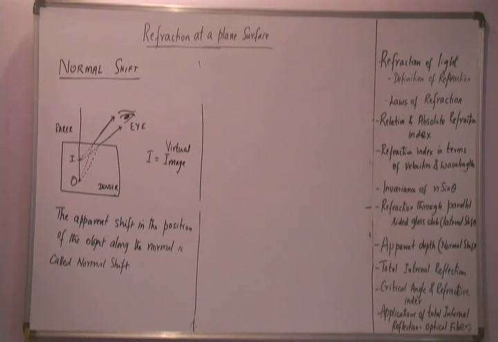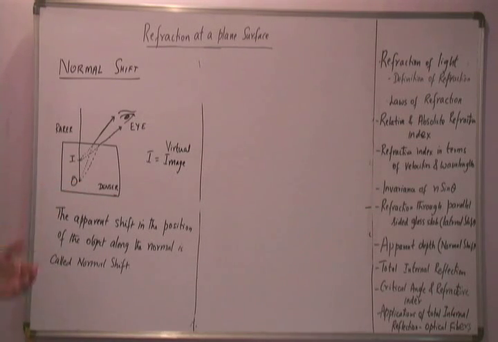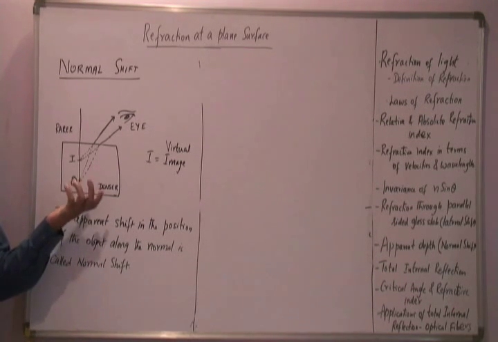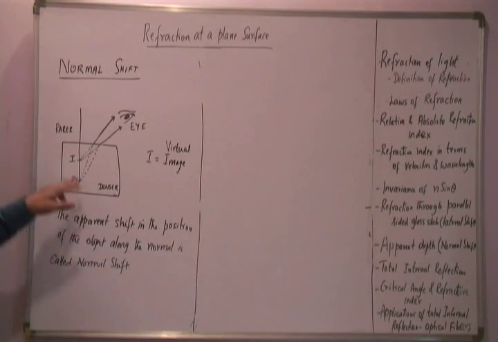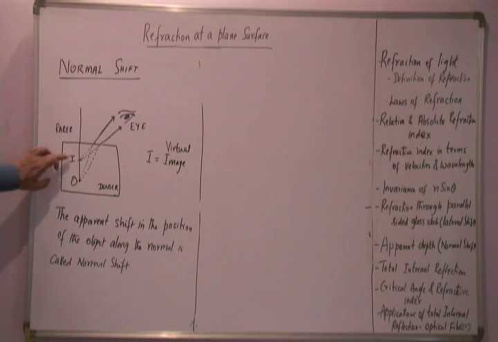So this is the reason that we find that objects, although they are much deeper in the liquid here or water for example, appear as if they are at a higher elevated point. It is because of this property: because there is an apparent shift in the position of the object along the normal, the normal shift.